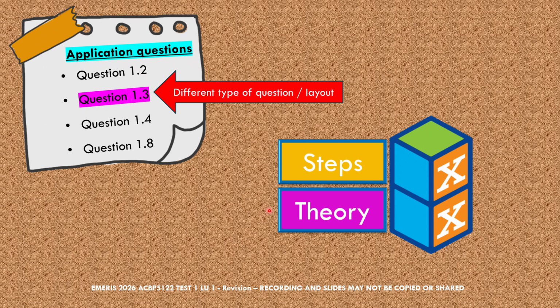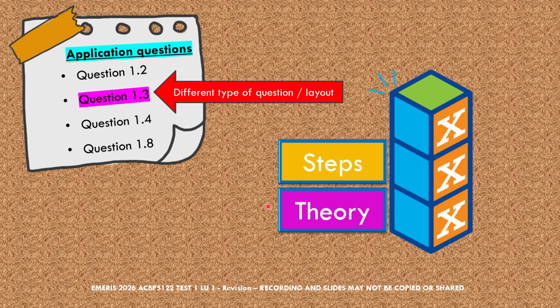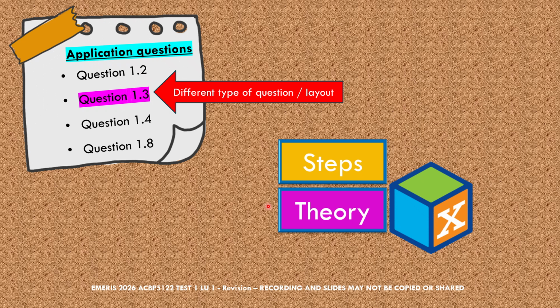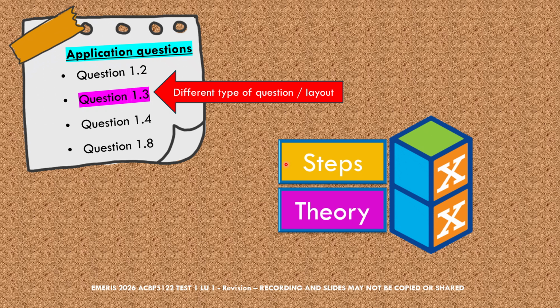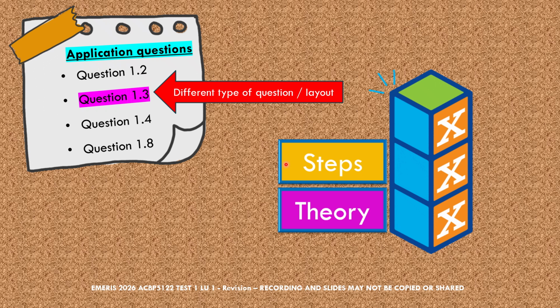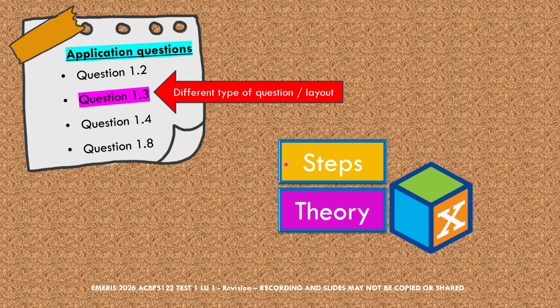You're always going to come back to your theory, making sure that you know what is an adjusting difference, what is a timing difference, and how these should be addressed. And you're going to come back to your steps, either the steps that I've shown you or that your lecturer has given you, or if you've made your own steps from the textbook.